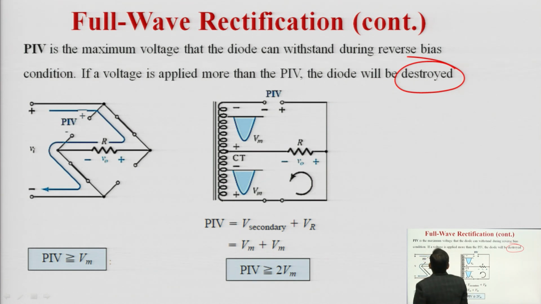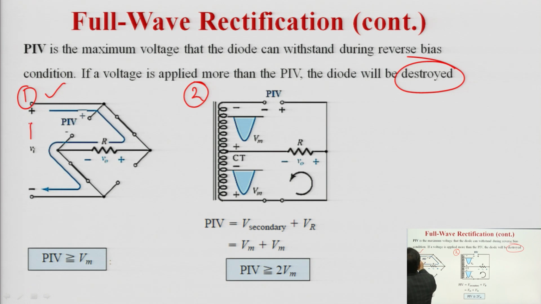So we have both the rectifiers: first the bridge rectifier, and second the center tapped transformer rectifier. Let us say during the positive cycle, when Vi is positive, one diode is off and the other is on. The on diodes are short circuits and the off diodes are open circuits.